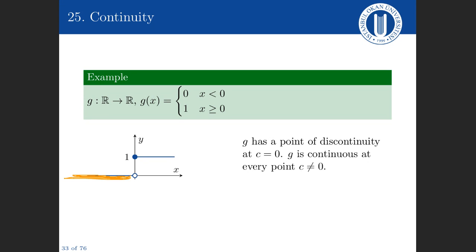I could put my pen on the paper, I could draw the function, and draw this whole piece in one go without having to lift my pen. Then at 0, I have to lift my pen up from 0 to 1, put my pen back on the paper, and then draw the second half of the function. I have to lift my pen at 0, so the function has a point of discontinuity at 0. The function is continuous everywhere else.